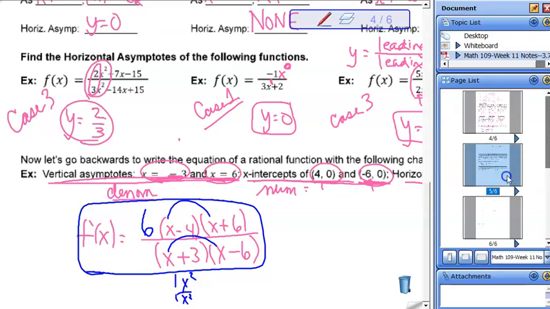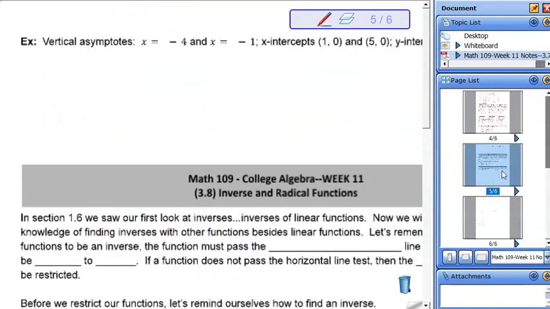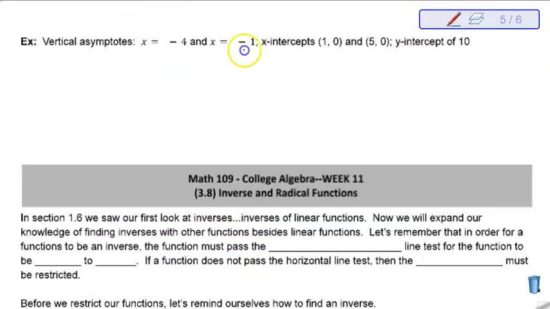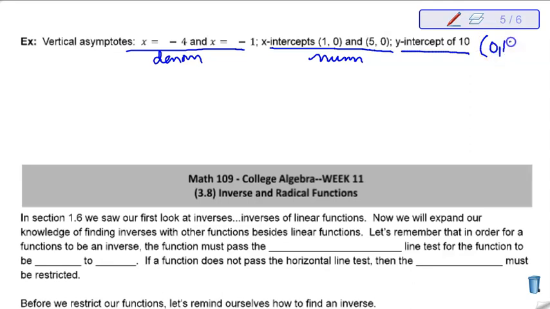Now we get to the last problem in this section, where we are looking at, given the same information, the factors in the denominator. Here with my x-intercepts, those are coming from the numerator, but now we have a y-intercept of 10. Now remember, that's when x equals 0, so I have the point (0, 10).